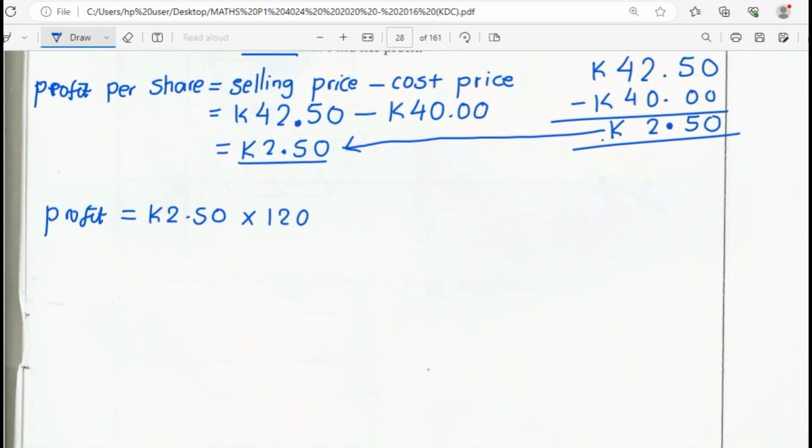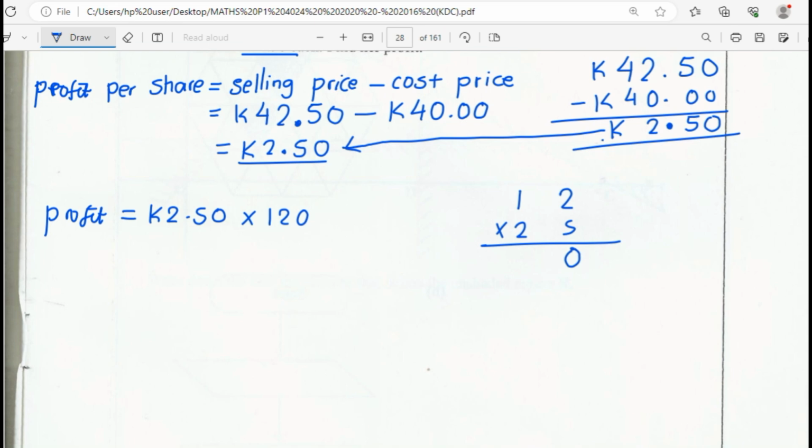Now, how do you multiply numbers like this in paper 1? So let's ignore the zeros from each number. From 120, let's just get 12. Then for 2.50, let's just get 25. And for now, we'll forget the decimal place. So 5 times 2 is 10. We keep the 1. 5 times 1 is 5.